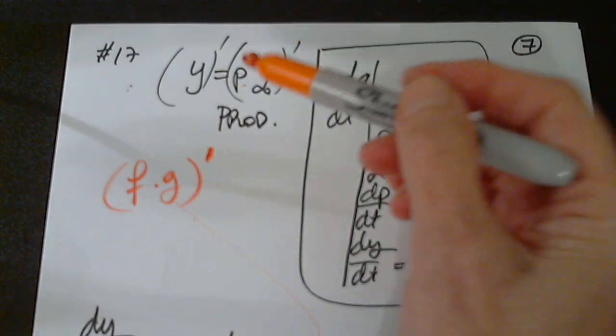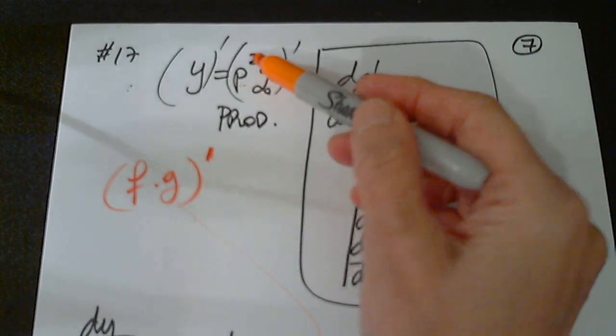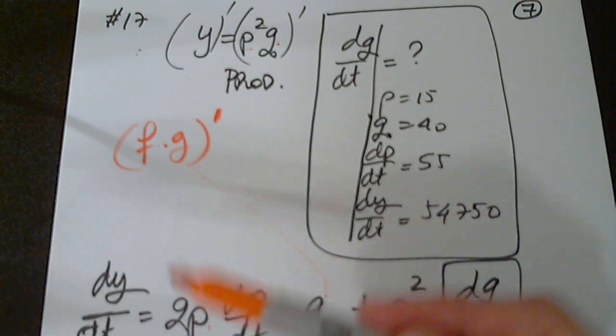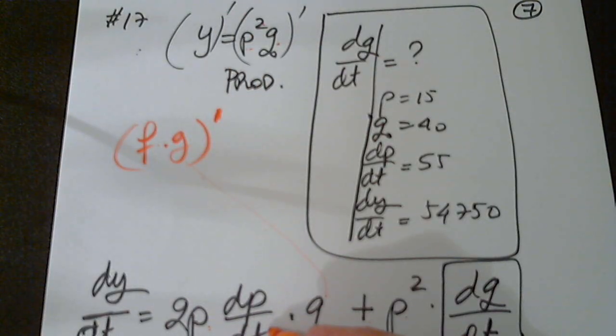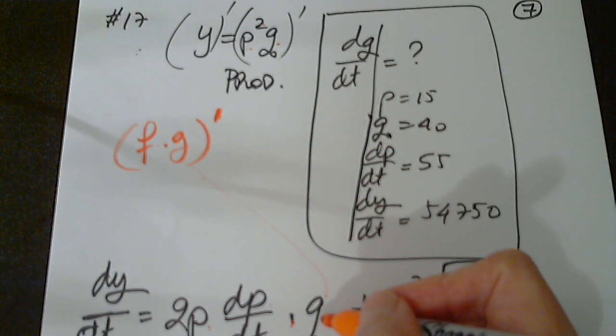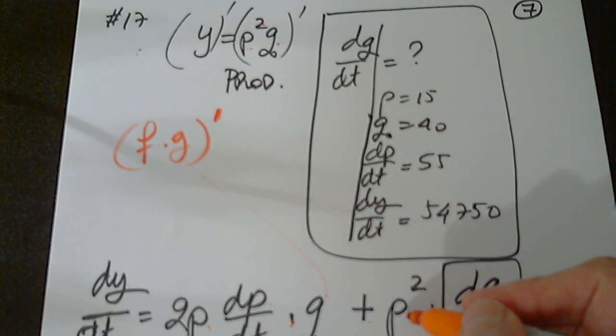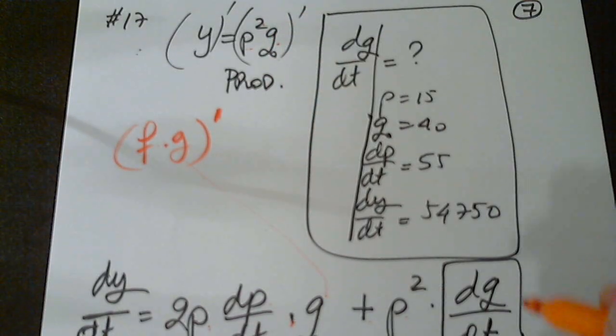When I differentiate p squared, I differentiate the function squared: 2 times p to 2 minus 1 times the inner function prime, dp over dt, times the second function. Now plus the first function times the second function prime. Is that better?